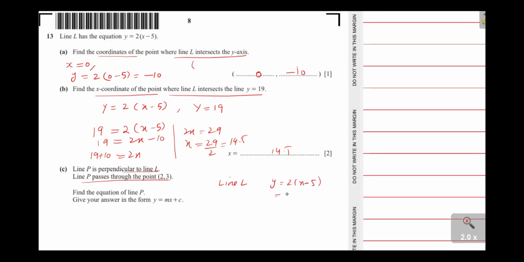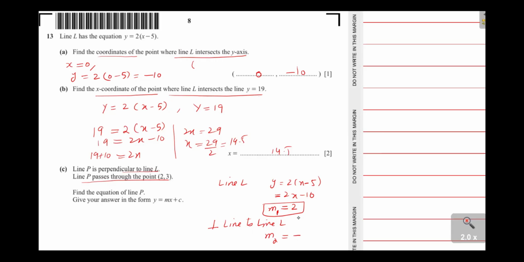We can write this as y equal to 2x minus 10. The gradient of this line, m, is equal to 2. The gradient of the line perpendicular to L, we name this gradient m1 and this gradient m2.